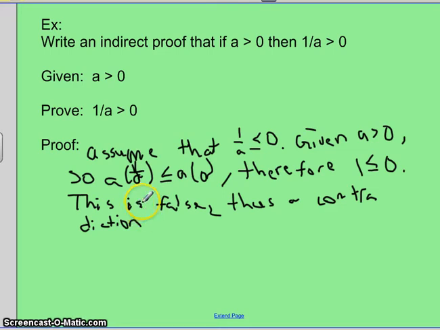So our original, what we're trying to prove, must be true. So we're just going to put, so 1 over a has to be greater than 0. So something like that would be an indirect proof. We proved that the conjecture was true by proving that the other situation would be false.